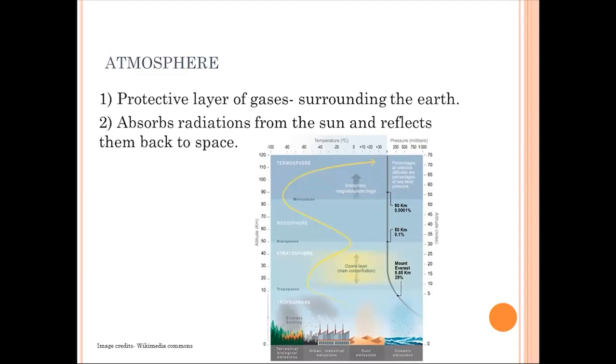It is composed of several layers: the troposphere, stratosphere, mesosphere, and thermosphere. Troposphere is essentially important because it supports life. Atmosphere is a mixture of many gases: nitrogen, oxygen, carbon dioxide, carbon monoxide, and several inert gases as well.